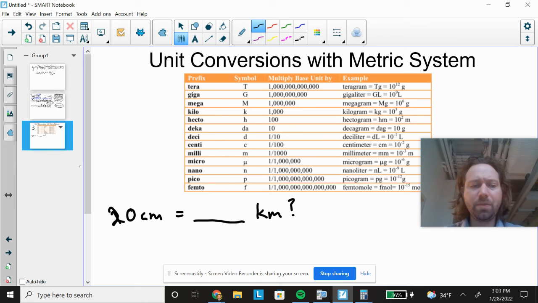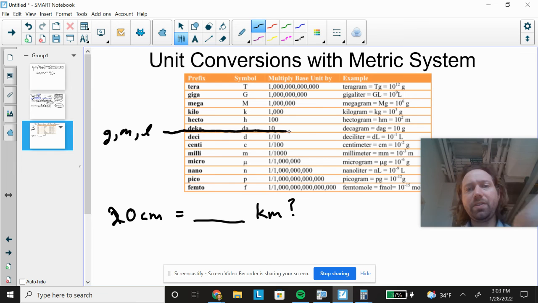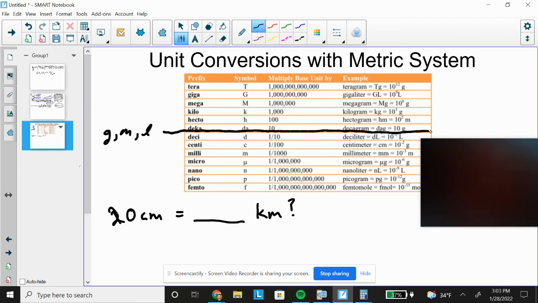The metric system is used internationally to help us measure mainly three things: grams, a unit for weight, meters, and liters. These are three what we call base units, and they're right here on the chart.